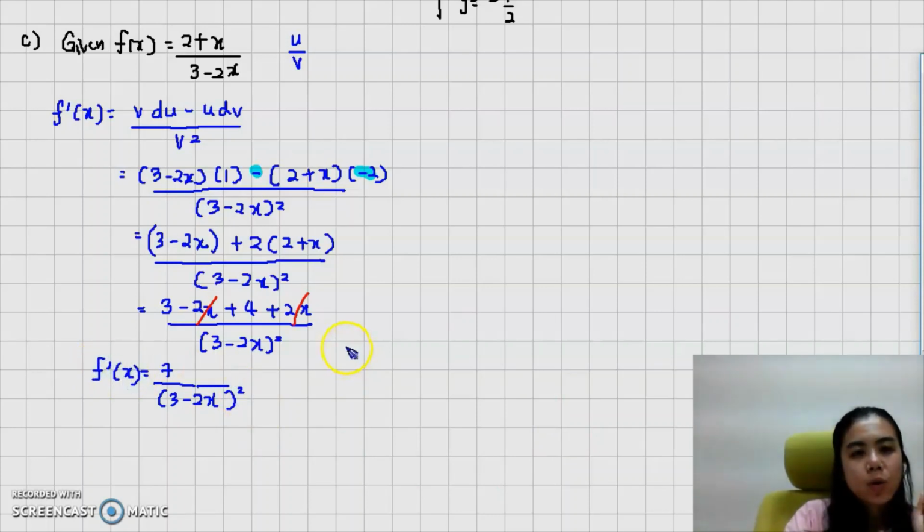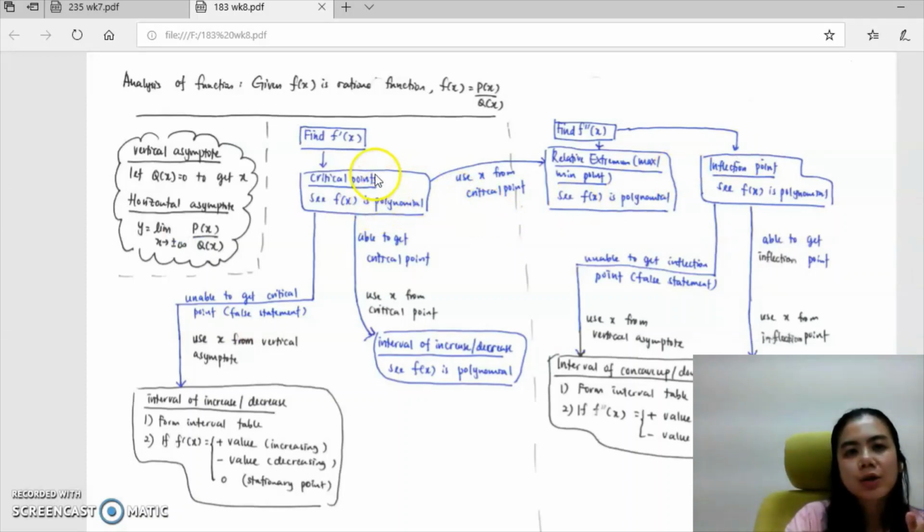So what is the next step after you have found the f prime? It says that you need to check the critical point. For the step to check the critical point, you have to refer to the previous flowchart, the one for when the function is polynomial.